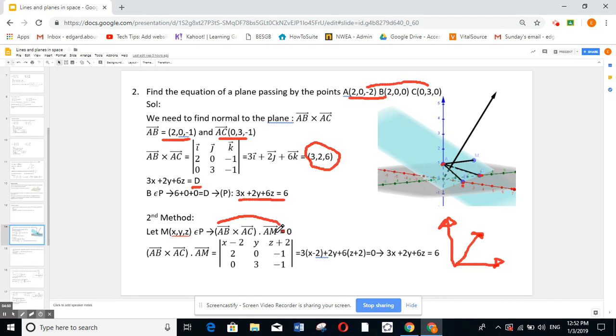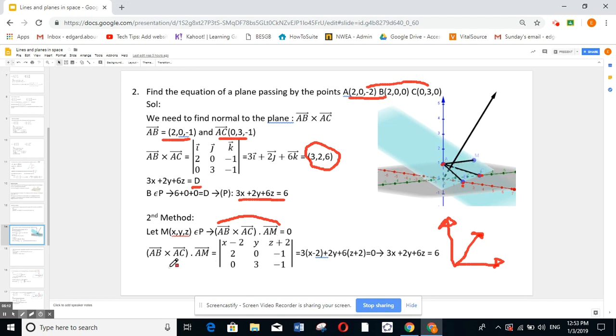Always when you want to find an equation of a plane, you must pick, for example in this method, any point moving on the plane whose components are x, y, z. AB cross AC, because AB and AC are in the plane, will be the normal vector. Dot AM, because it's perpendicular to the plane, so it's orthogonal to every line inside the plane, especially AM.